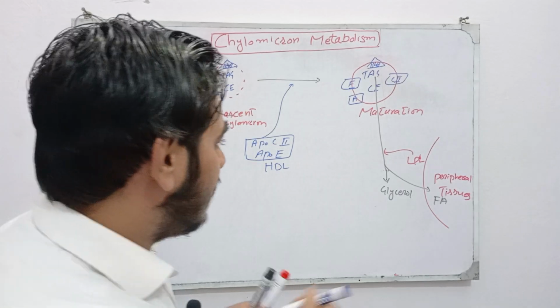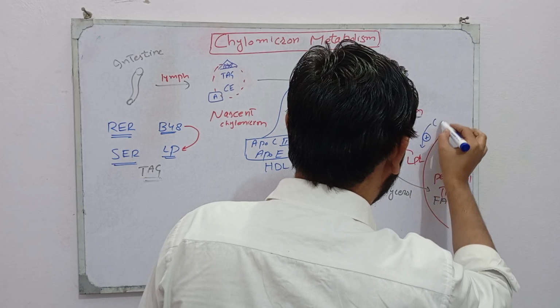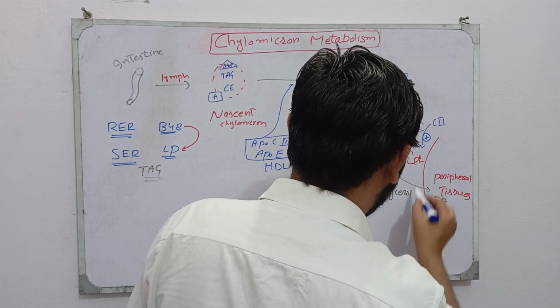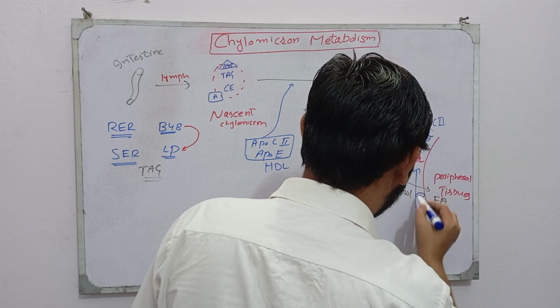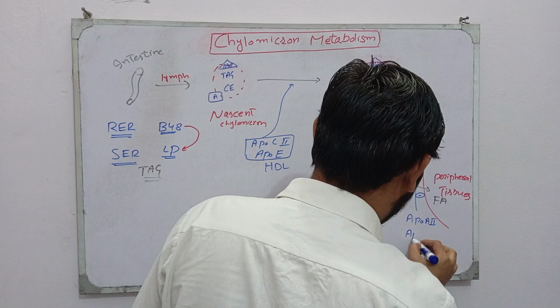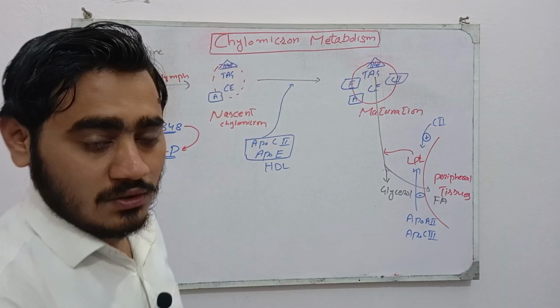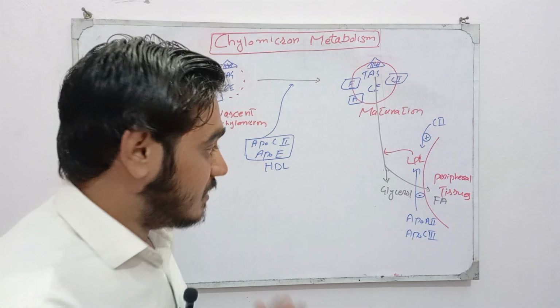Lipoprotein lipase enzyme is activated by Apo C2 protein and it is inhibited by Apo A2 and Apo C3 protein. Students, I will repeat it again.